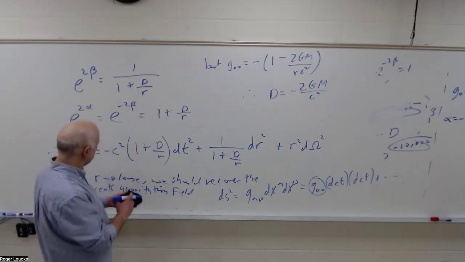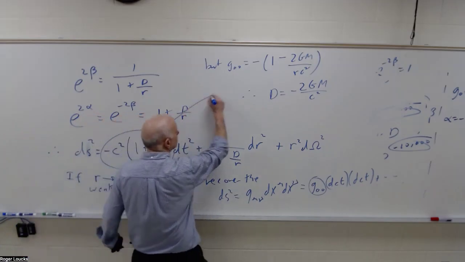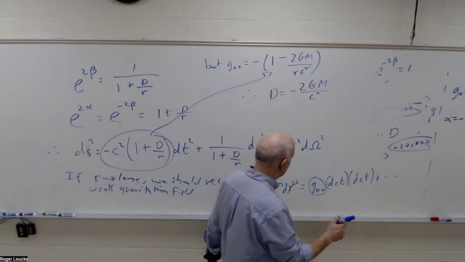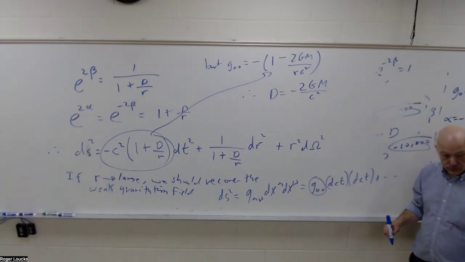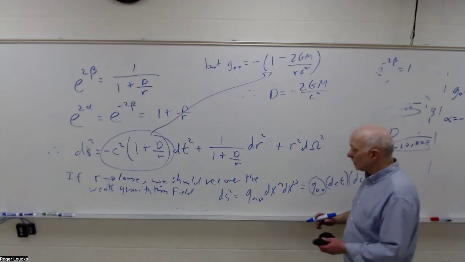Right, because we have this guy here and we're comparing to this guy. The c squared here comes from the c over here. So what does that give us?